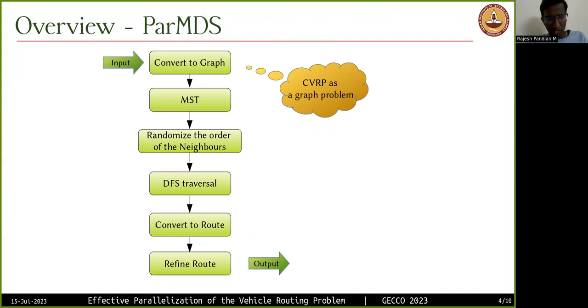We then do a DFS traversal from the depot. We convert the ordering that we got from the DFS traversal into a set of routes. We then refine the routes to see if we can possibly improve them, and finally output the solution from the refinement step.